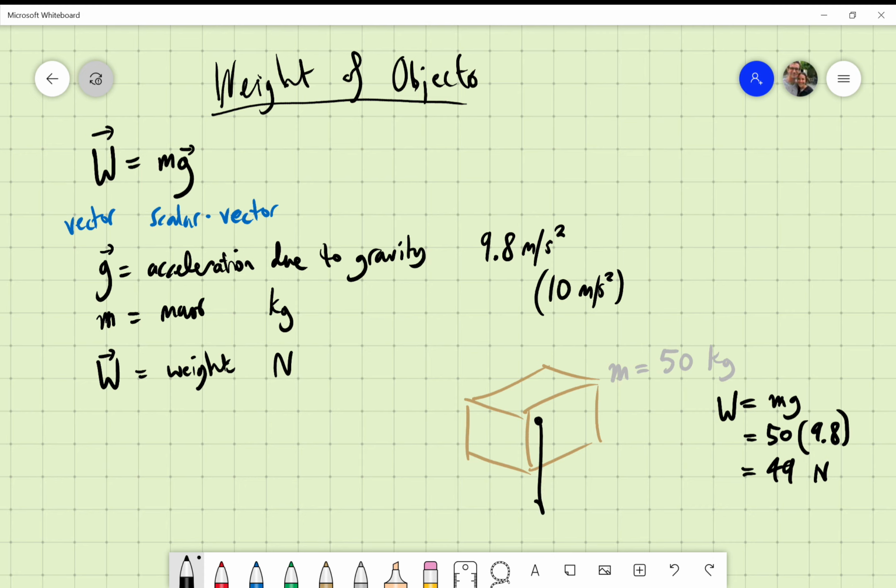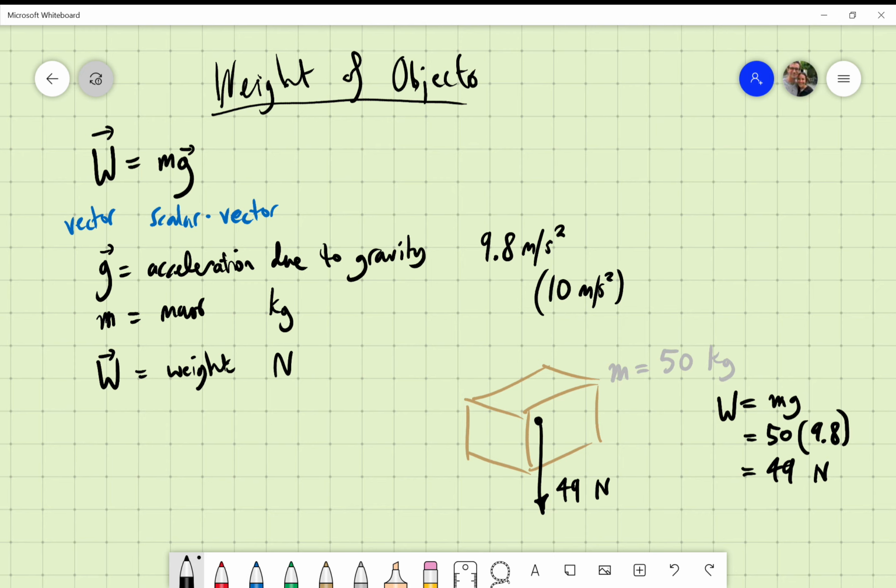Now, although you couldn't show the mass as a vector, that's a property of the object. You can show, and you should show, the weight vector. The mass is the thing that describes the object, and it doesn't change ever. This object has a mass of 50 kilograms.